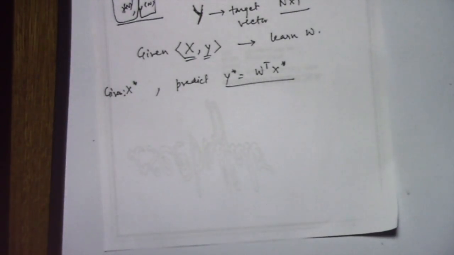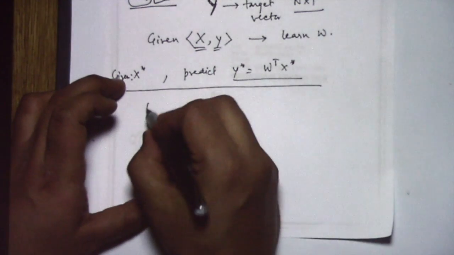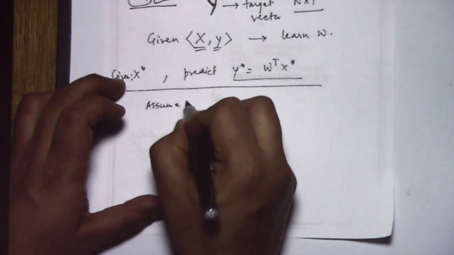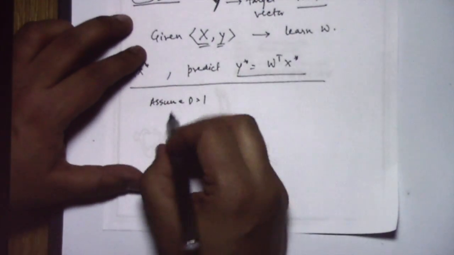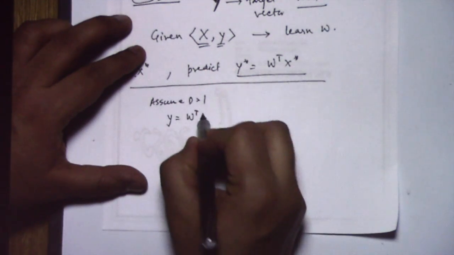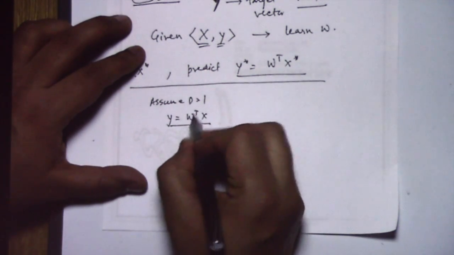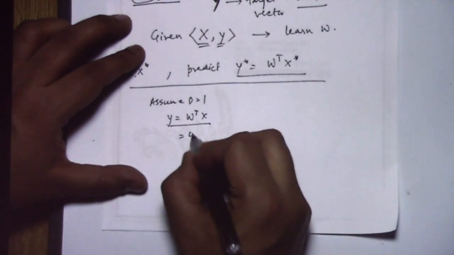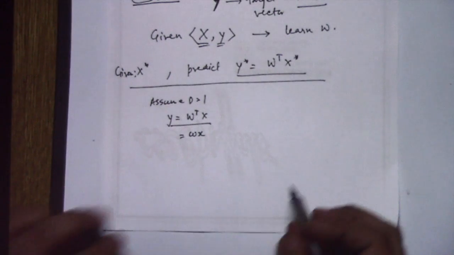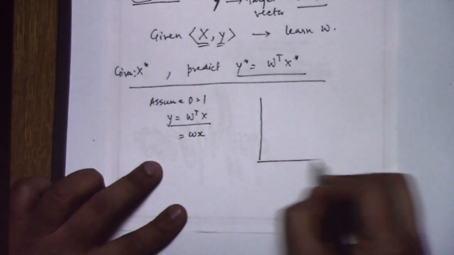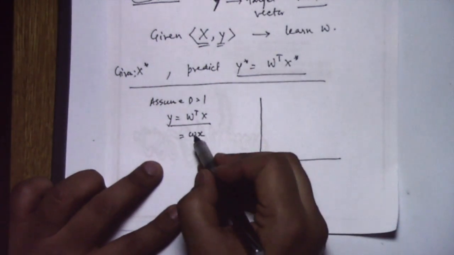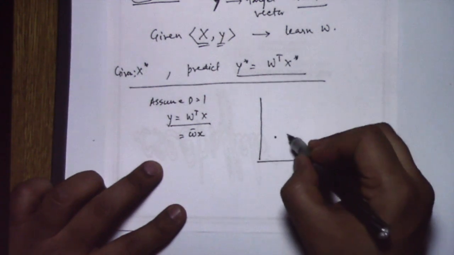So we assume that d is 1, and we say that y is w transpose x. But since w is a one-dimensional vector and x is also one-dimensional, you can think of it as wx. Learning this w essentially means trying to fit a line.